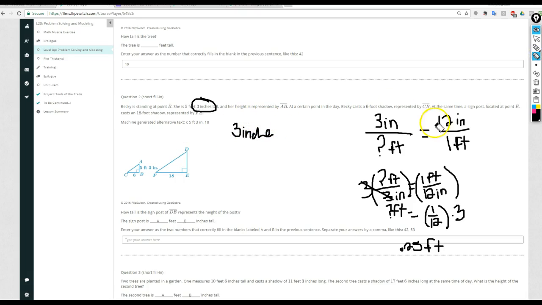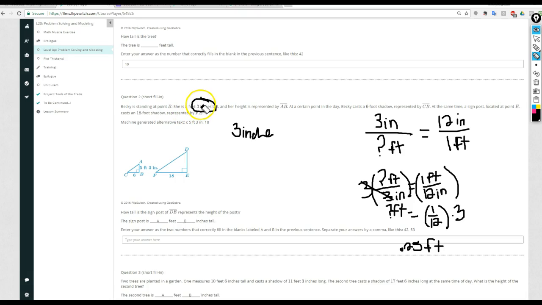Now, some of you are saying that's a lot of algebra to figure out that she was 0.25, or a quarter of a foot. Those of you who are really familiar with tape measures are probably thinking, well, 3 is a quarter of 12, so 3 inches is a quarter of a foot.